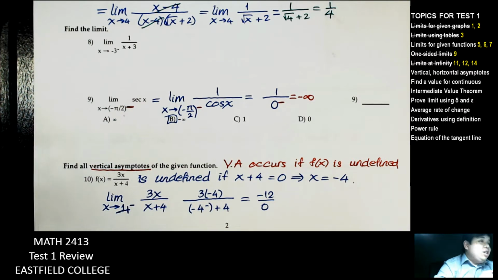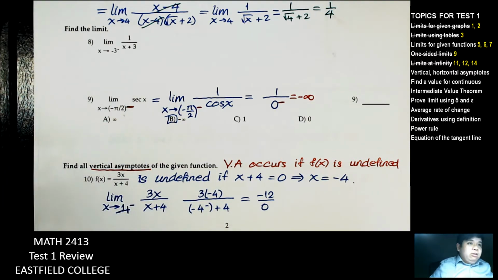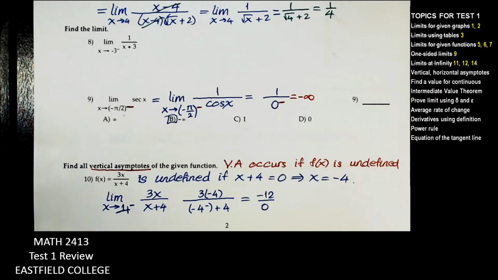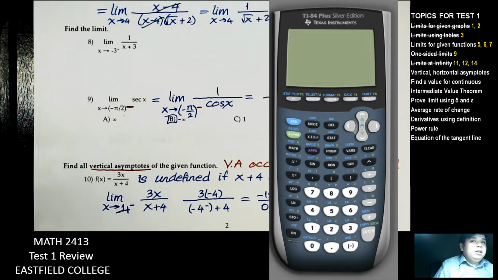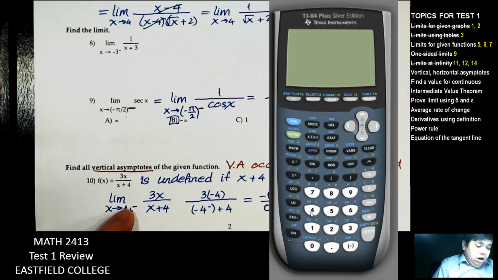Now we just need to determine if it is the positive or the negative side of 0. So I have a calculator here. We have -4 on the left.